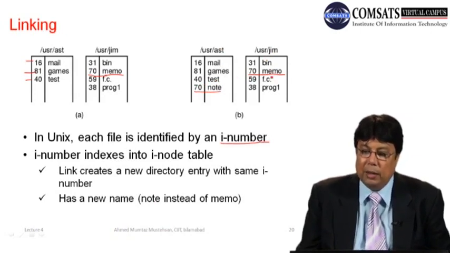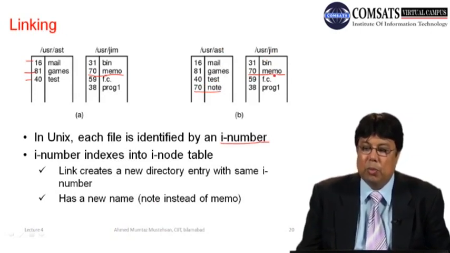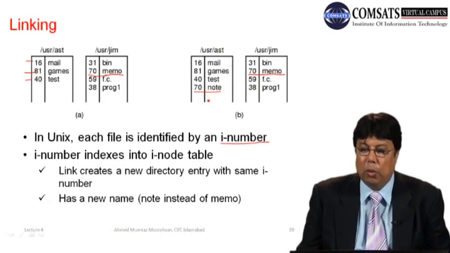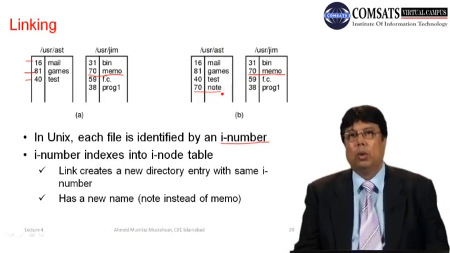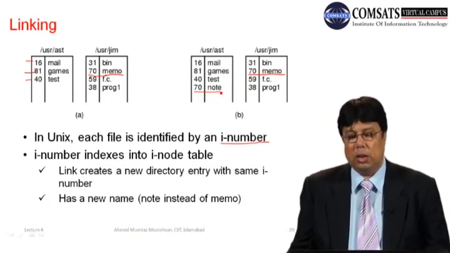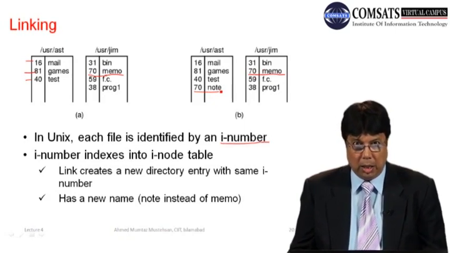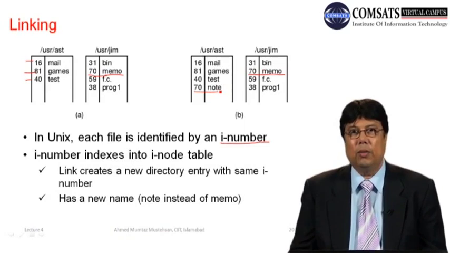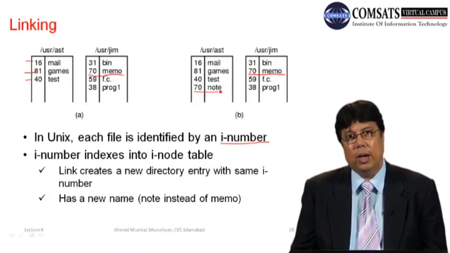So this file is made available to both users, Jim and AST. Both users can access it, both can modify it, both can use it because it is being shared between the two users by duplicating the link to the file but with a different name.